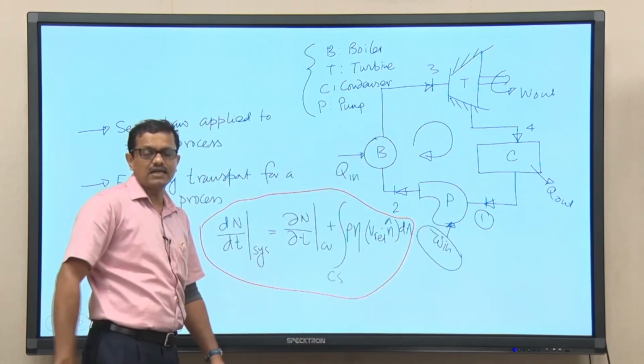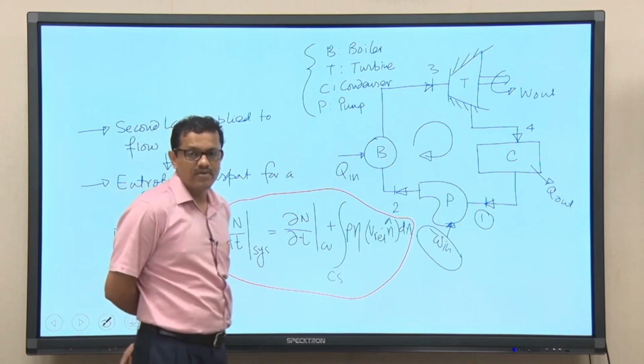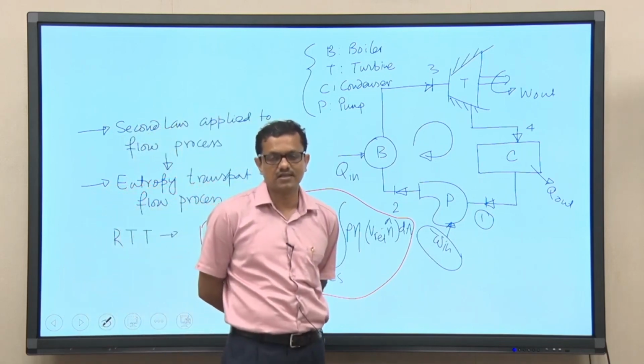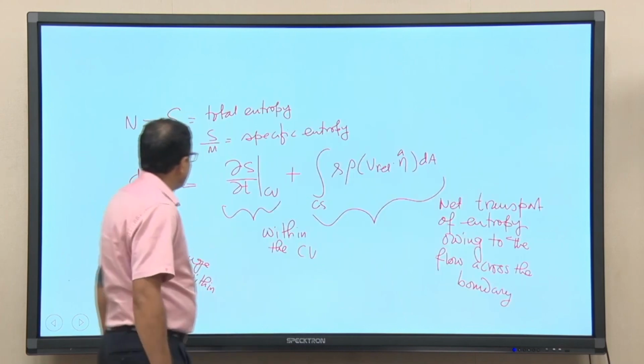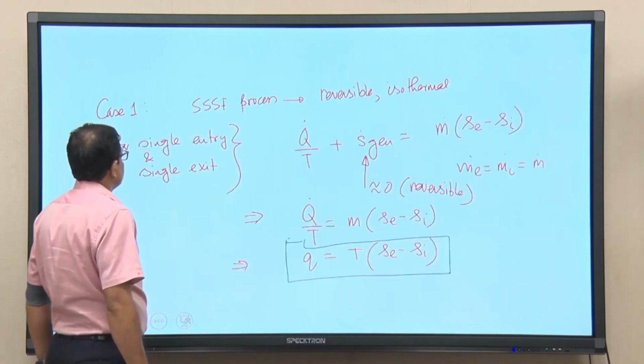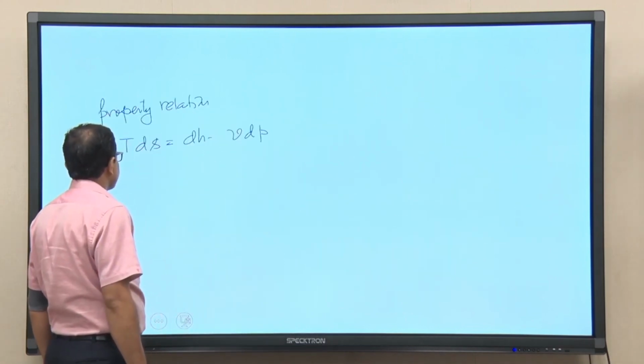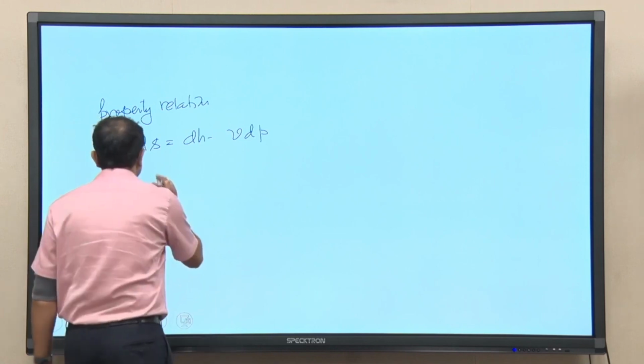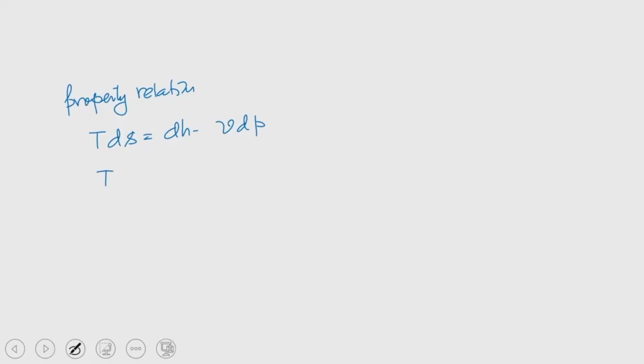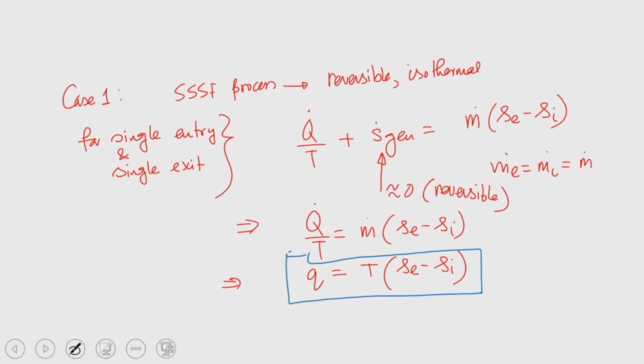So, the thermal energy, that is not U. The thermal energy for the flow process is H, that is U plus PV. So, now this is dH minus VdP. You know that if we consider a reversible and isothermal process, T is not getting changed.